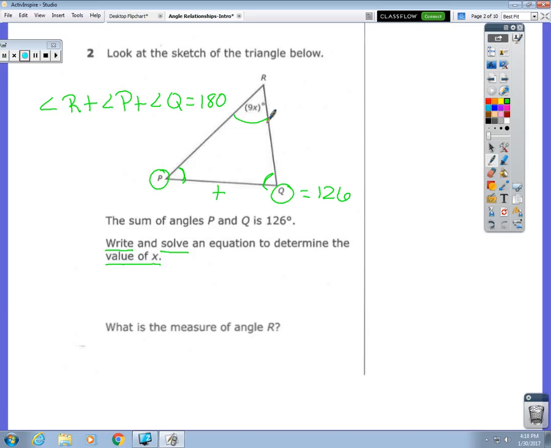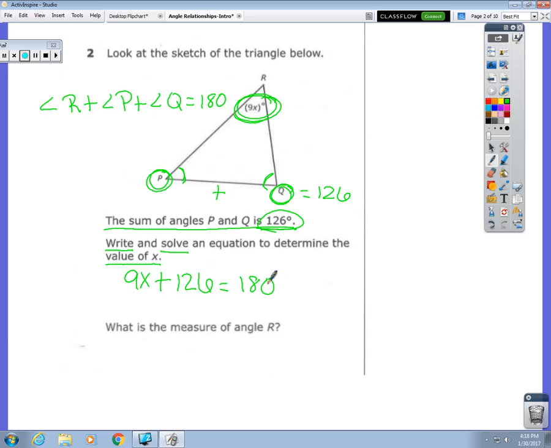So I have to take the information that's given to me, 9x, and the sum of angles P and Q is 126 degrees, to be able to write my equation. So my equation is going to be 9x, coming from right here, plus this 126, because the sum of angle P and Q is 126 degrees, equals 180 degrees, because inside of a triangle there's 180 degrees.